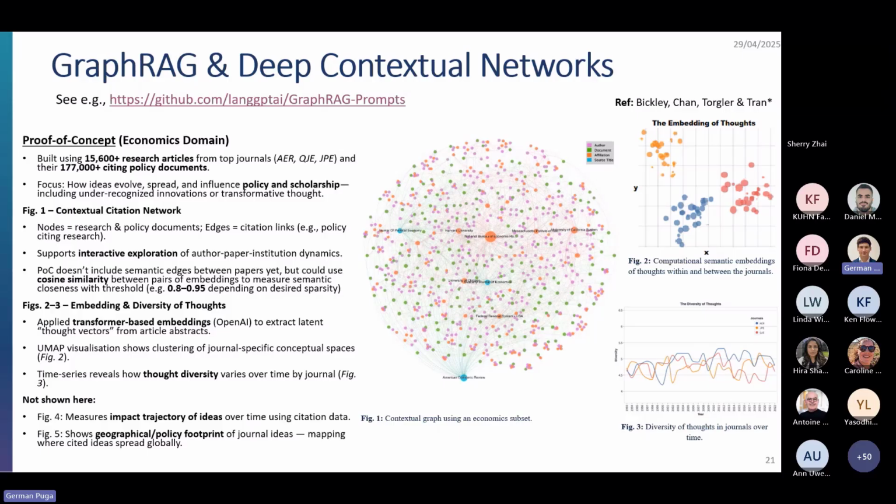I don't actually show the policy citations here, but the idea was that we wanted to see the diversity of thought between different journals, how they relate to each other, and then how the diversity of thought in papers or journals leads to policy cites or things like that. Impact, right? Impact measures. We could look at, over time, the diversity of thought between those 3 journals, how they relate to each other and whether they are semantically similar or not, or the diversity of the content within the papers of those journals.